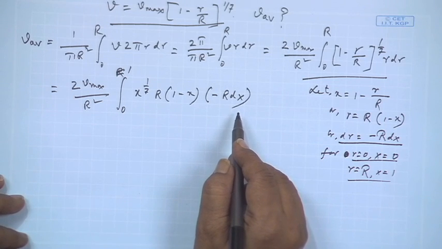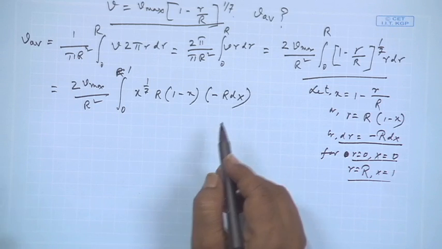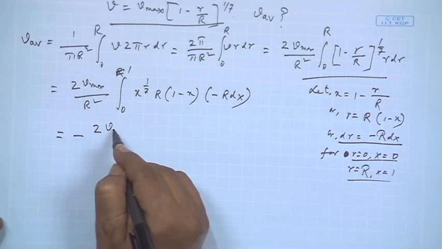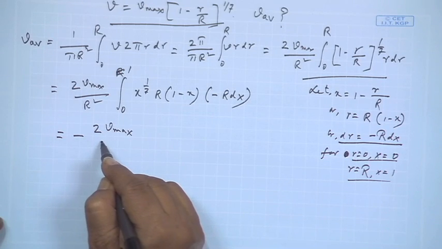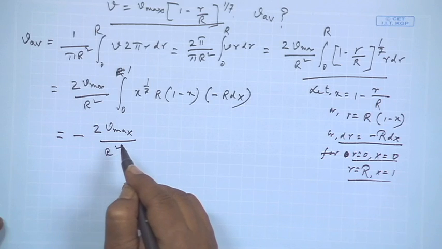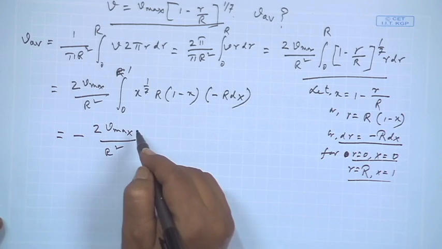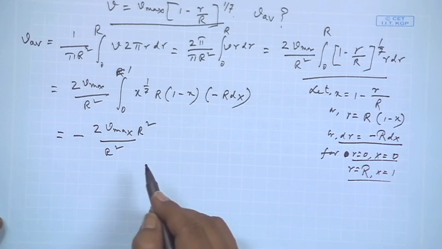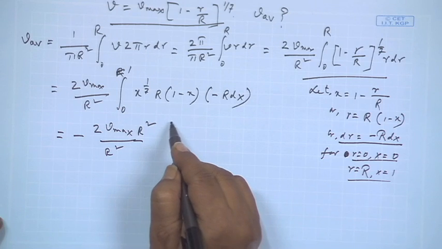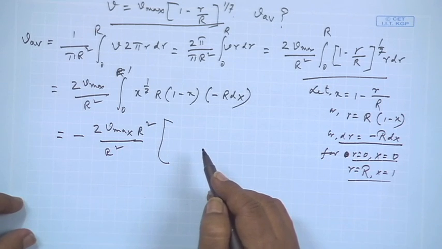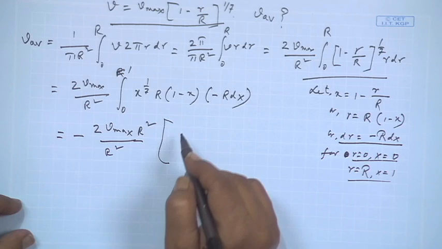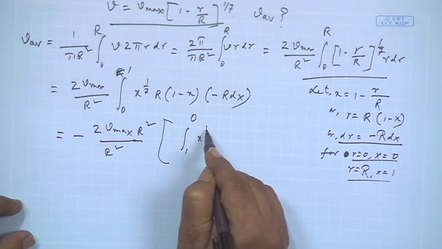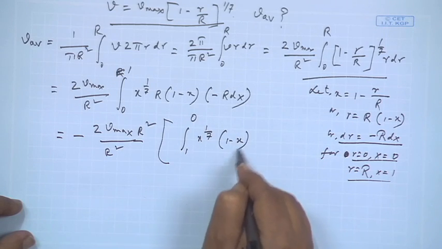If this is true, then we can write this as minus 2 V max over R square, and this R and this R make R square, and the integral is x to the power 1 by 7, 1 minus x dx.